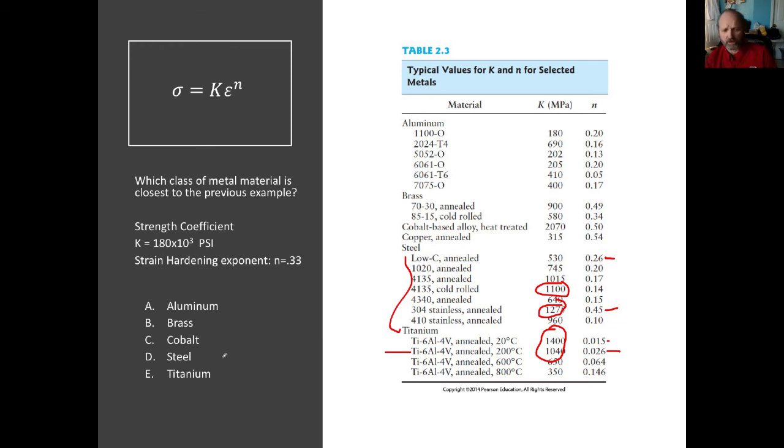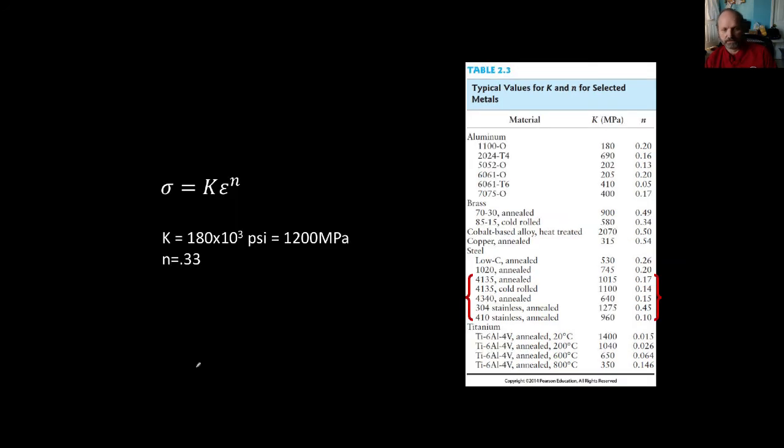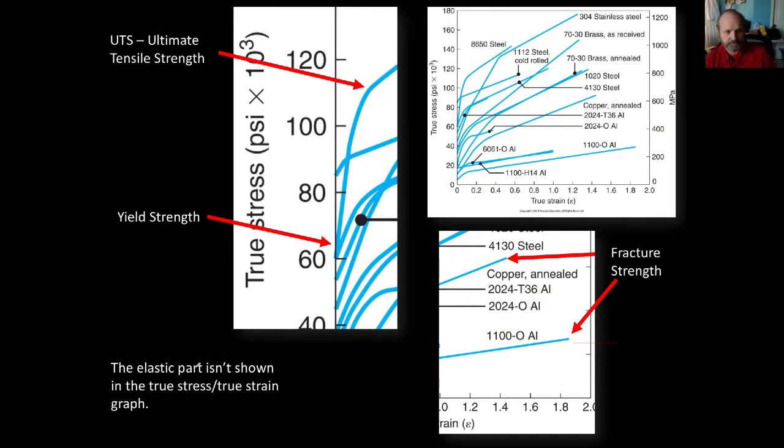So you can make an argument it's titanium, or it could be a steel. And even this cobalt one here is a little bit too high, so you could argue the point. But anyway, you get the idea. It's probably somewhere in the range of some of the steels.